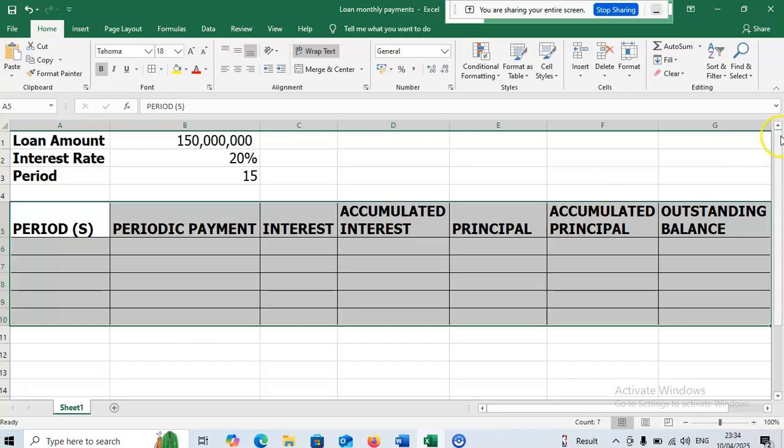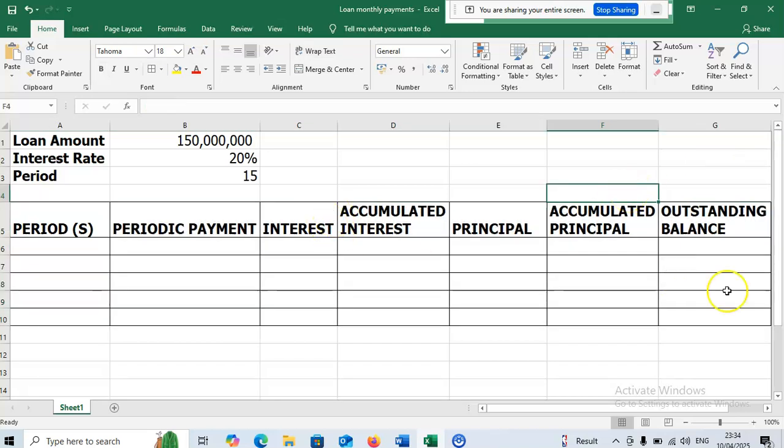When you're going in for a question that requires you to draft a loan amortization schedule, you should have such a template in your mind. There are 7 columns: periods, periodic payment, interest, accumulated interest, principal, accumulated principal, and outstanding balance.